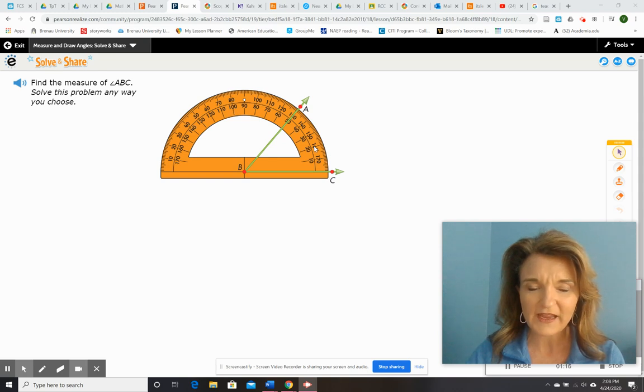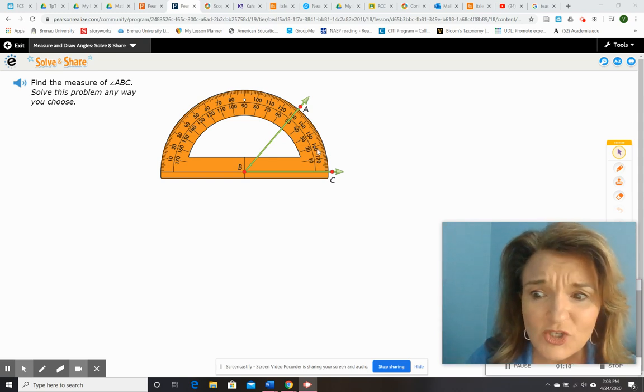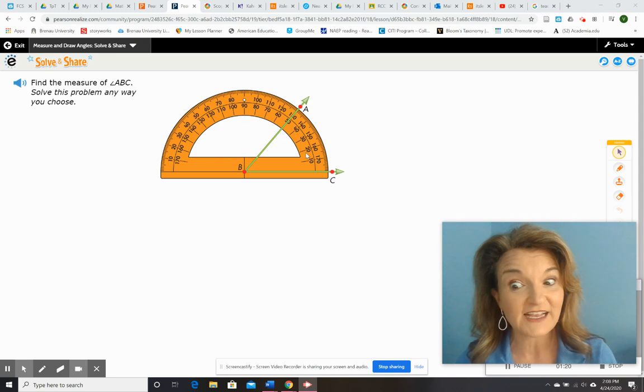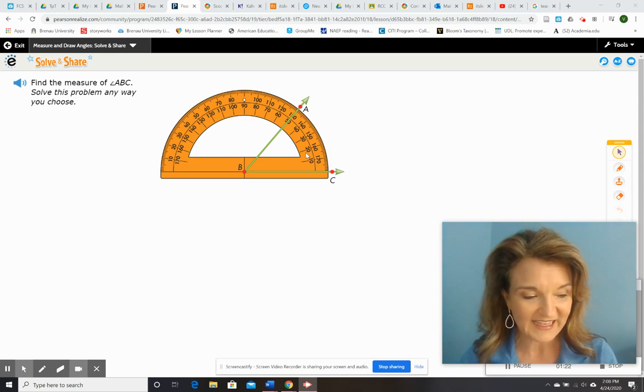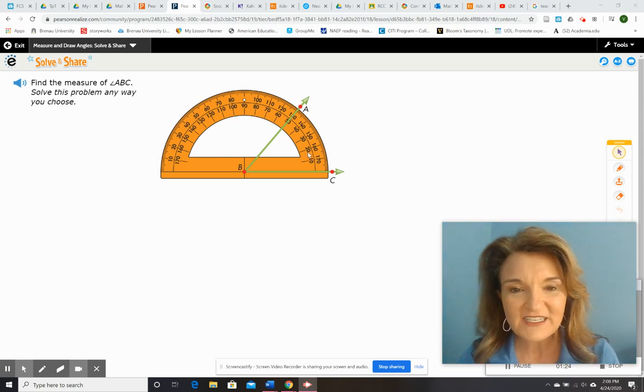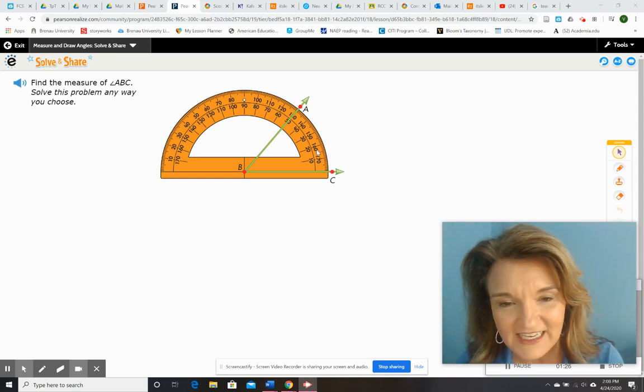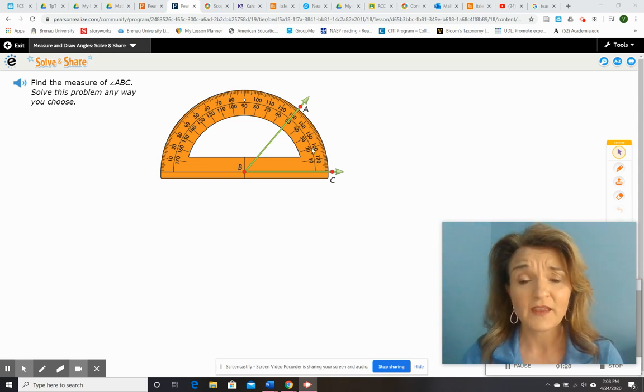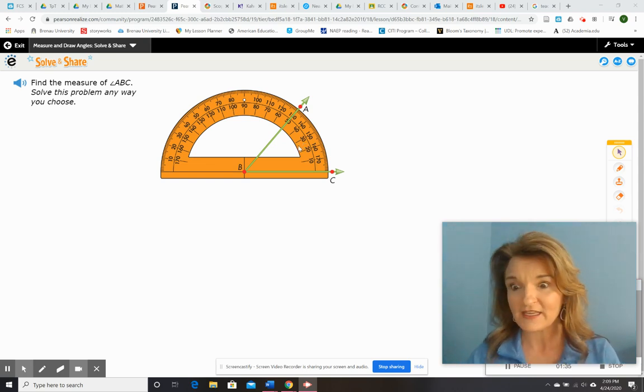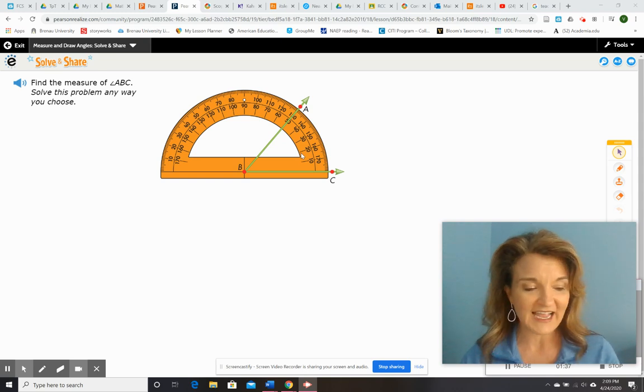But wait a minute, I'm noticing that there are two numbers represented at the same spot. I've got 160 here and 20 here, and I've got 150 and 30 here. These measurements are measuring the degrees, but how can they measure the same degree? Which one do I use?